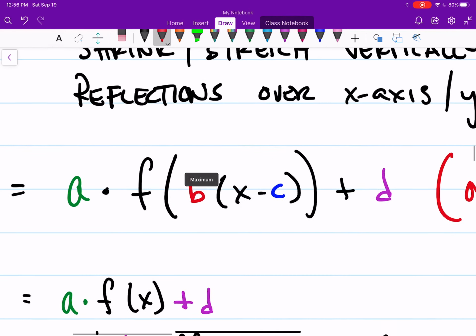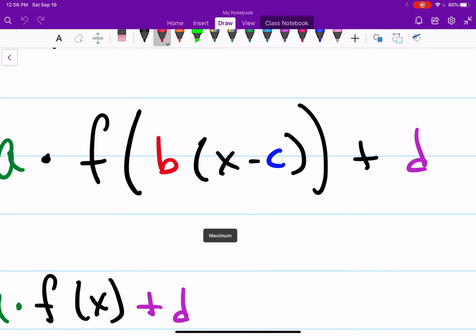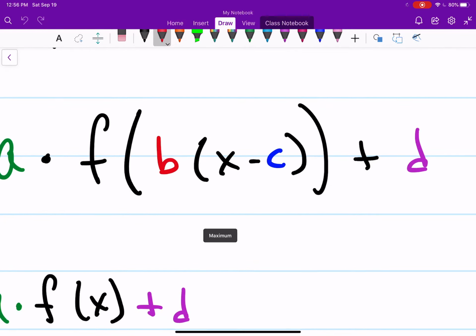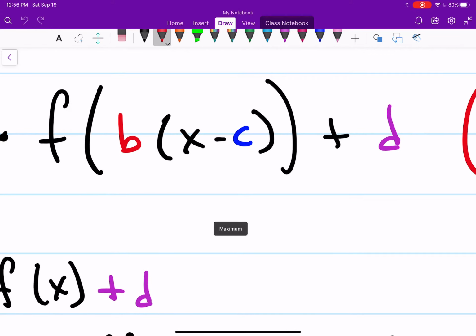Meaning, if you look at this, what does that mean? Typically we work with parentheses first, right? So when we go into parentheses, we get into this bx minus c. We would go into the deeper parentheses within the parentheses and go through the process again, right? So that means we would do the x minus c first.